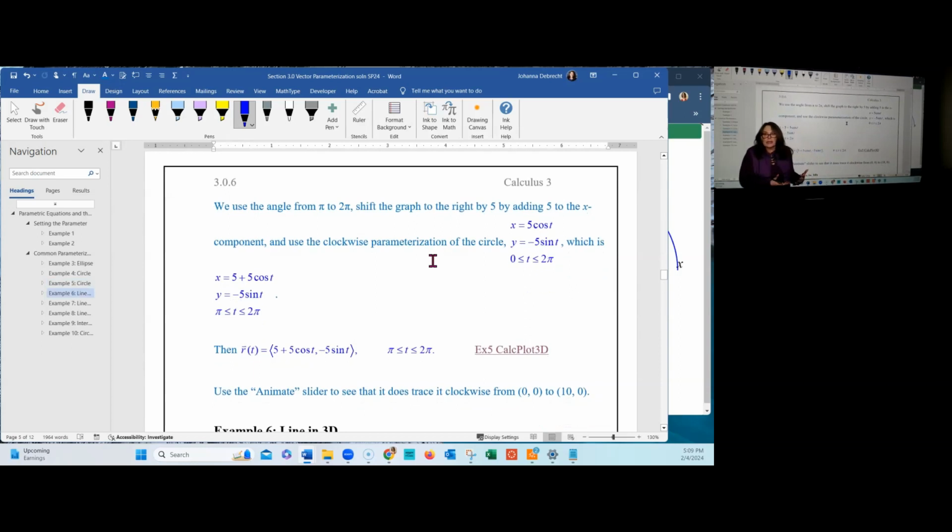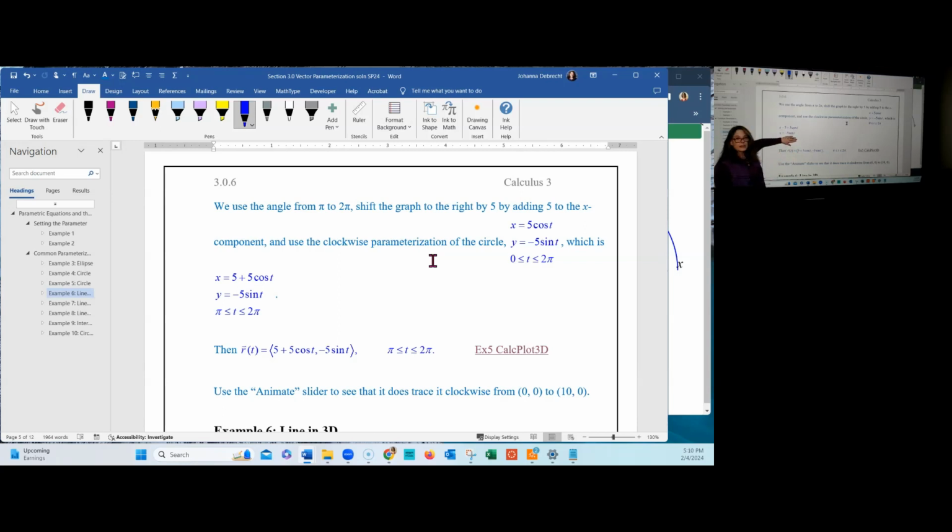Well, how do you normally move something 5 to the right? You add 5 to it. So my x coordinate, which would have been 5 cosine of t, because the radius is 5, becomes 5 plus 5 cosine of t. And because the pink one is going counterclockwise, then I would have negative 5 sine t, all right, instead of a positive. And then I want t to go, I have to restrict the range so I don't go all the way around. Now I need it to start at 0, 0.